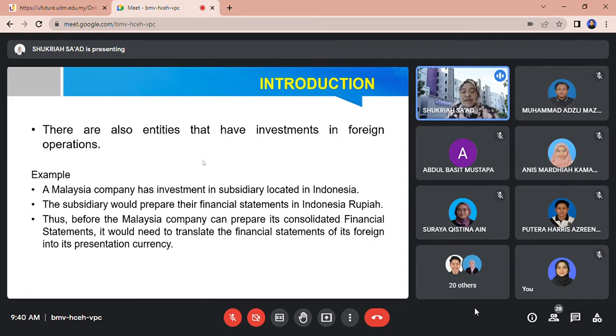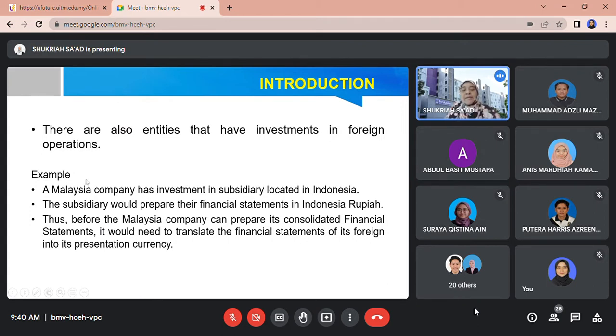What kind of investment? Holding company has investment in subsidiary which located outside from their own countries, makna abroad. So dia ada subsidiary or associate which situated in other countries. Itu fokus kita. Kita akan deal dengan subsidiary dengan associate sahaja.